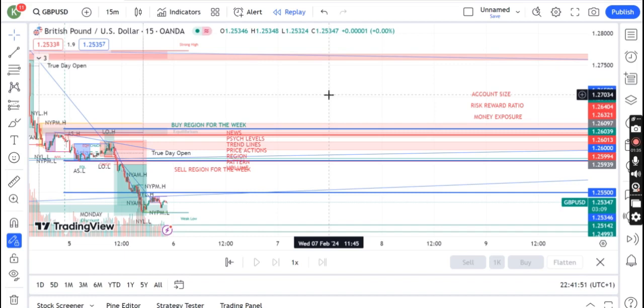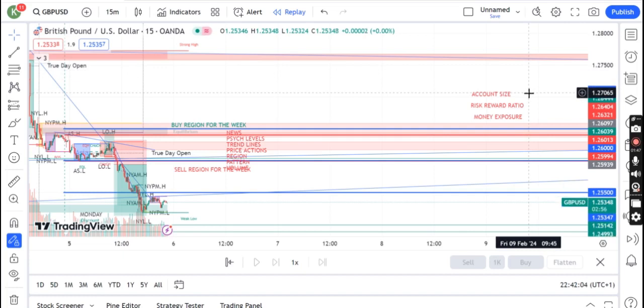So will you be that liquidity by exposing all your money, or will you use proper risk management, like the first thing I mentioned, watching your account size to know what you can risk, the pips you can take and the pips you can risk? Then secondly, the risk reward ratio. Will you pay attention to those things to perfect your money exposure? Those two things, account size and risk to reward ratio, will help you manage how you expose your money.